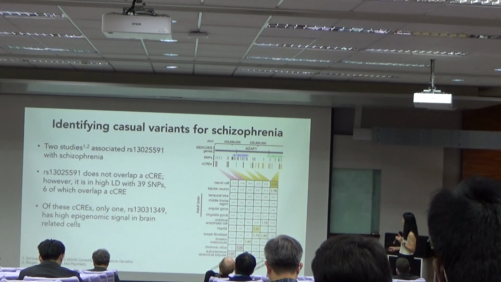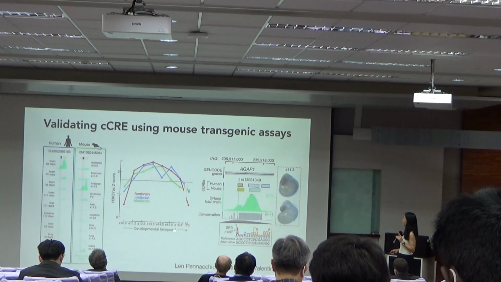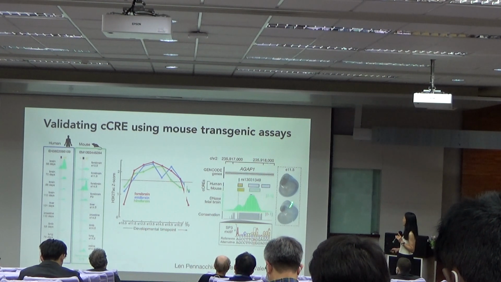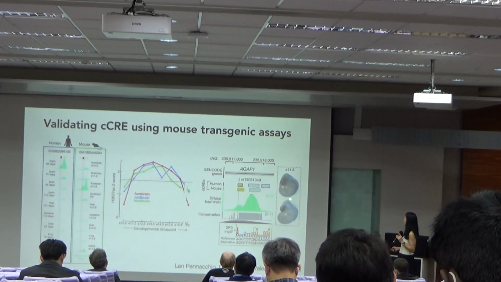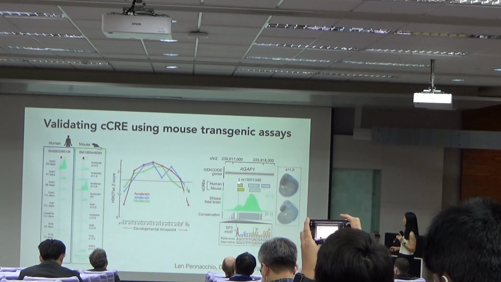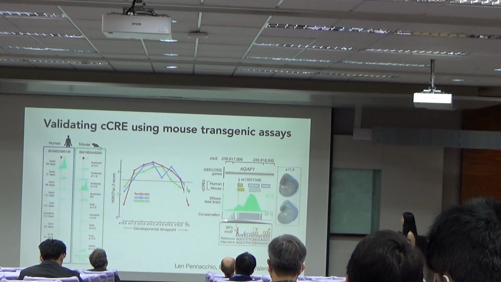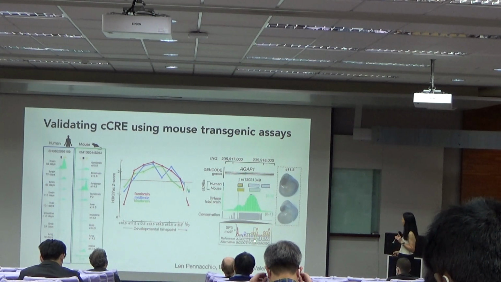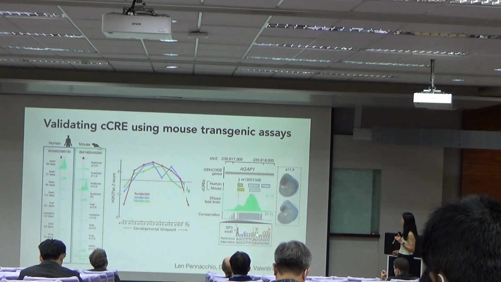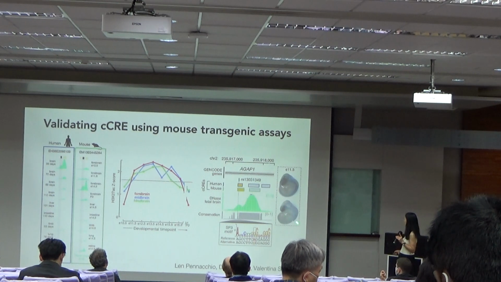In this case, we followed one CCRE across human and mouse functional data through developmental time points, and even in collaboration with Len Pennacchio's lab performed transgenic mouse experiments to show that a particular CCRE connected with this schizophrenia SNP might be bound by the SP3 transcription factor, and the variants associated with schizophrenia might impact binding of this transcription factor and might have a function in the brain.